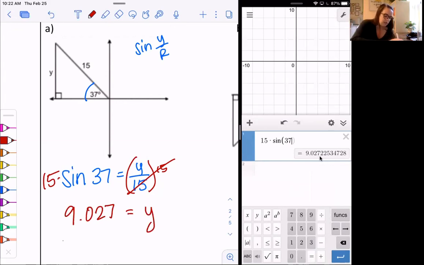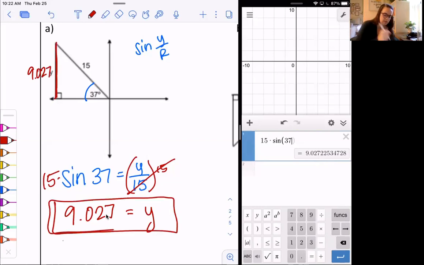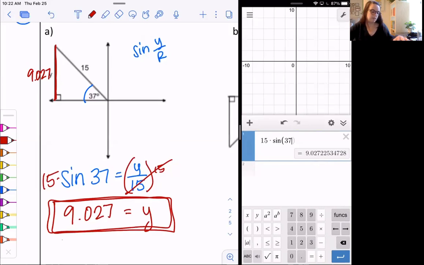So this side over here would be about 9.027. That is my answer for this one, since they asked me to find the missing side. Any questions about this one? I'm going to go ahead and show you the next one.